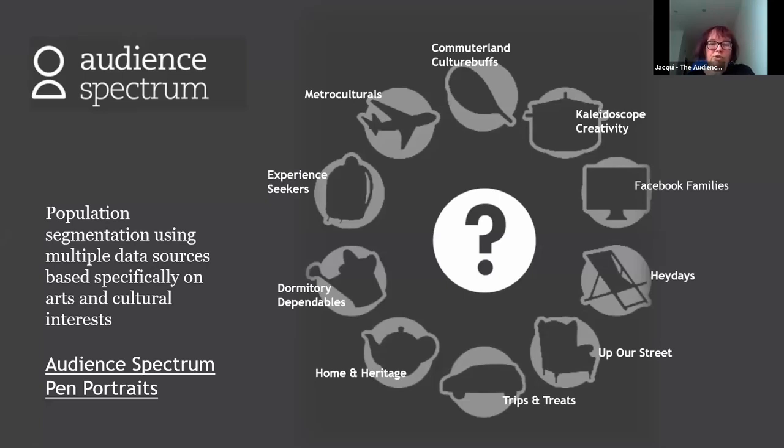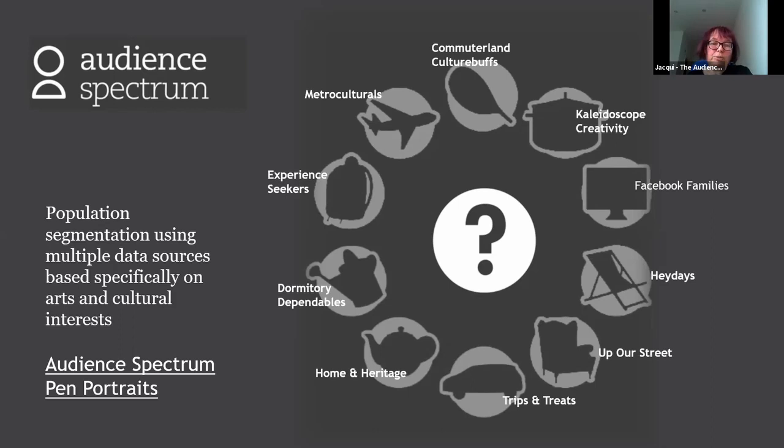And I think for those of you who aren't familiar with working with a segmentation model, it's important to note that segmentation as a process and as a tool doesn't ignore the fact that we are all individuals with our individual needs and preferences and so on. But what it looks at is what we have in common with other people within a particular context.